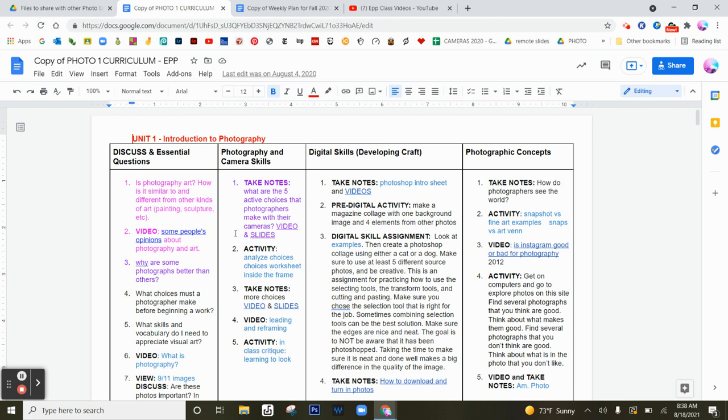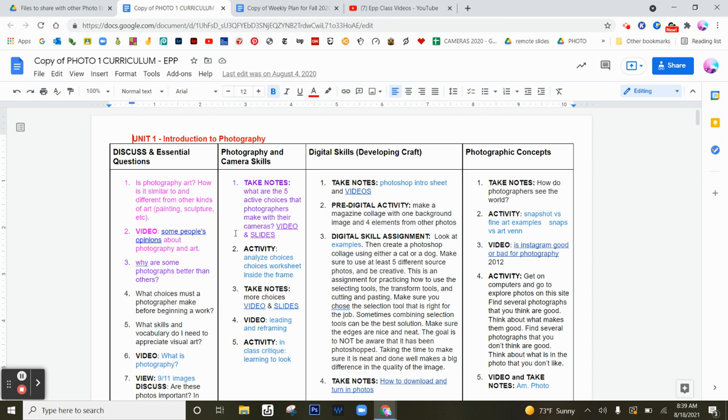So in the beginning, I teach them about this term I came up with called active choices. Photographers, hey, we just press a button, right? We're not doing all the stuff that painters and drawers and sculptors do. That's what people like to say about photographers. But we make all of these choices in our heads.